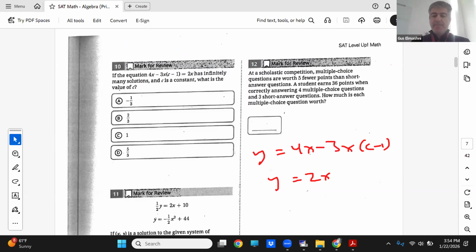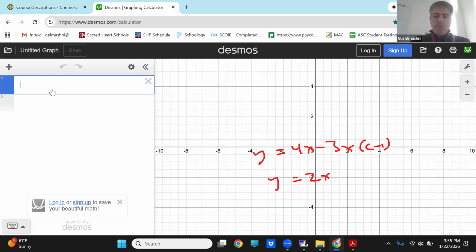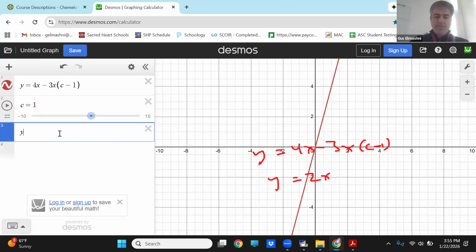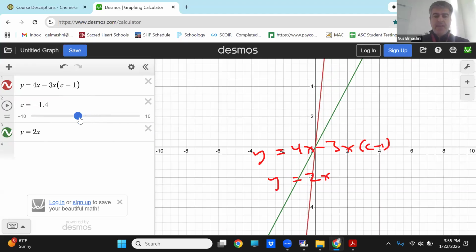So here's what we're going to do. y equals 4x minus 3x(c minus 1). Add the slider. y equals 2x. Right now, they're not the same. You slide it. Okay, that's not going to work.